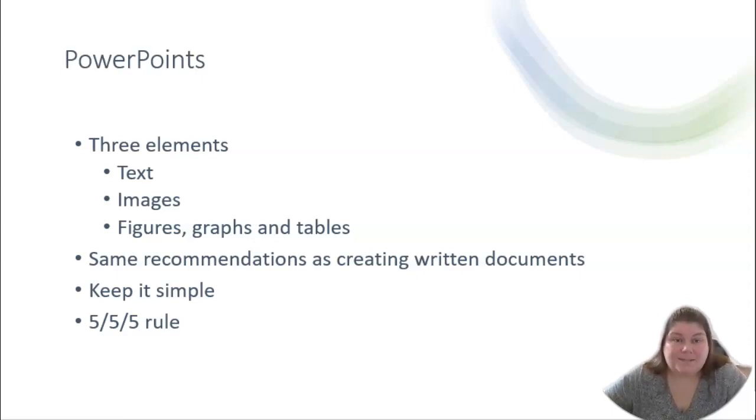You want to keep it simple, and you can do this by choosing a single background for the entire presentation or a theme, and Office has good options that you can choose from, but choose the more simple ones. Use simple and clear fonts. Use a font that can be seen from the back of the room and try to stay above 24-point font.